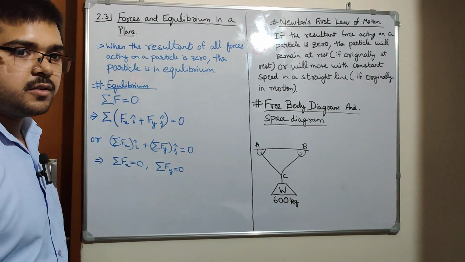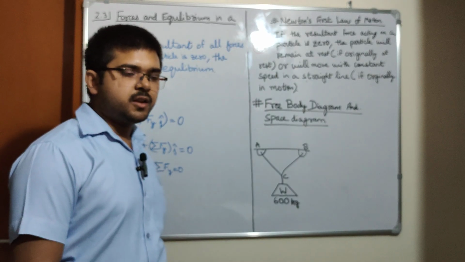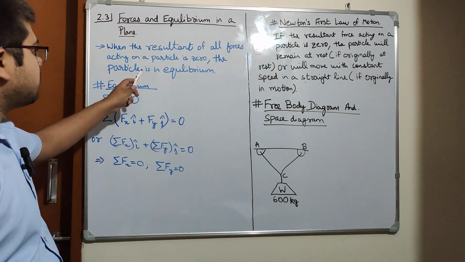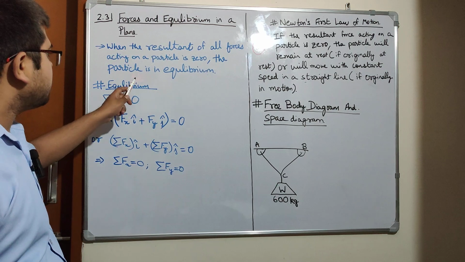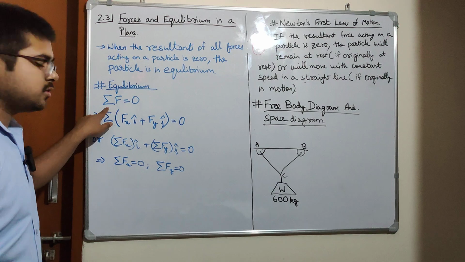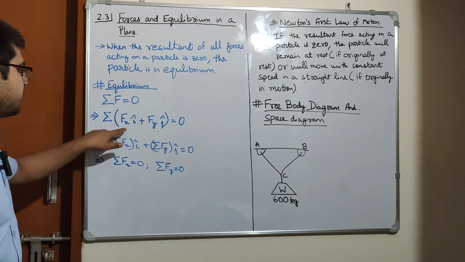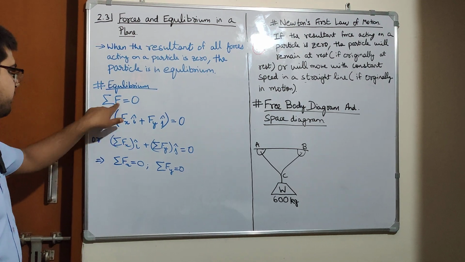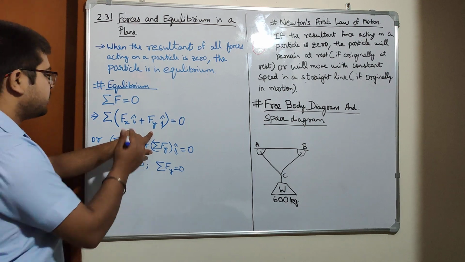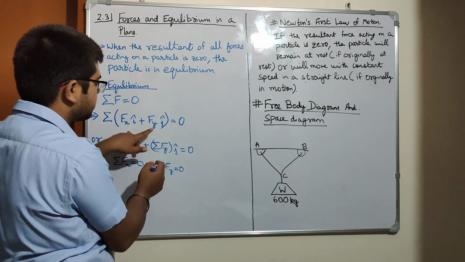if the resultant comes out to be zero, then the particle is said to be in equilibrium. So when the resultant of all forces acting on a particle is zero, the particle is in equilibrium. For equilibrium, we have the summation of all the forces equal to zero, and F we can write in components as Fx and Fy, and we can put the i cap and j cap vectors to denote the direction.